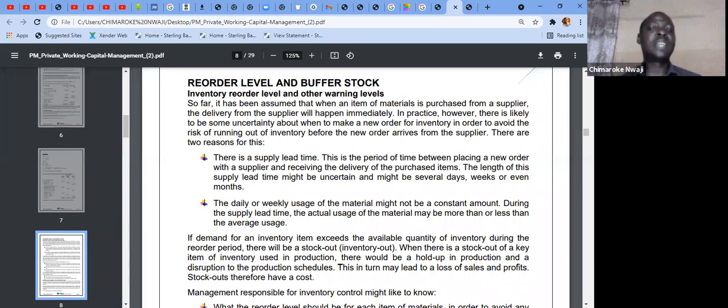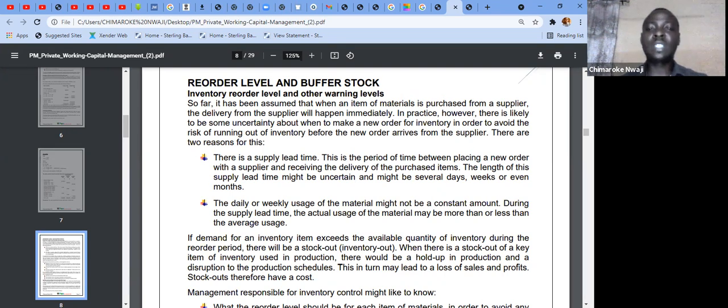So far, it has been assumed that when an item of material is purchased from a supplier, the delivery from the supplier will happen immediately. Because you ordered when your stock was almost zero, and the delivery man brings it immediately as your stock is being depleted.